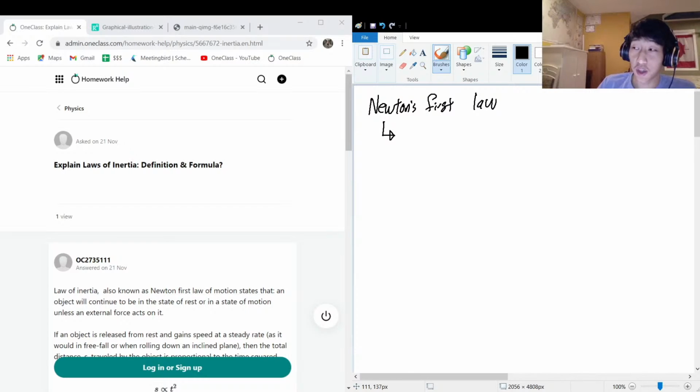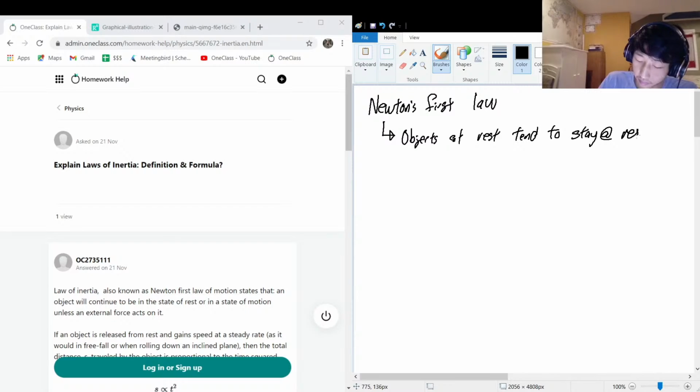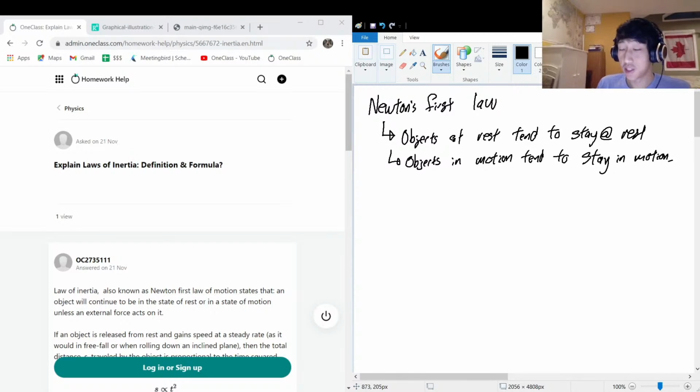So what Newton's first law basically states is that objects at rest tend to stay at rest. Objects in motion tend to stay in motion. The only way to change the motion of something is with a force.